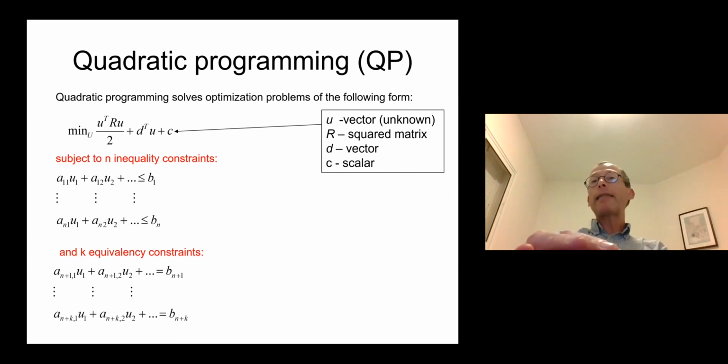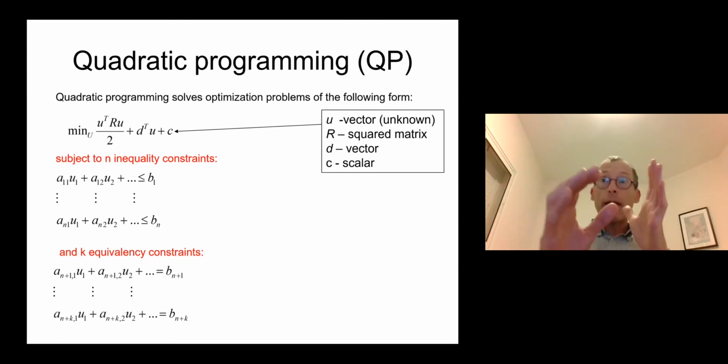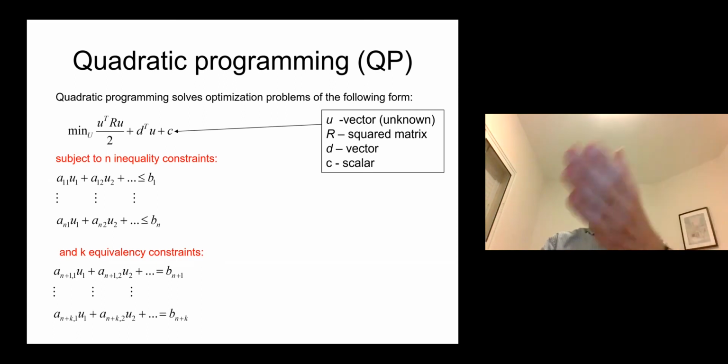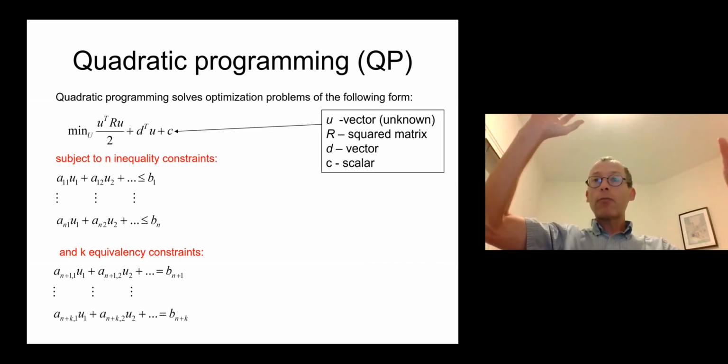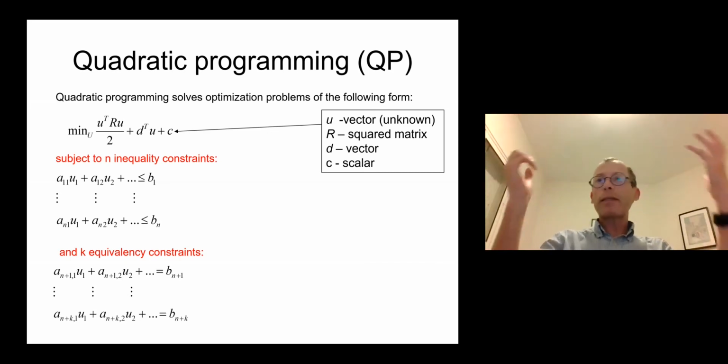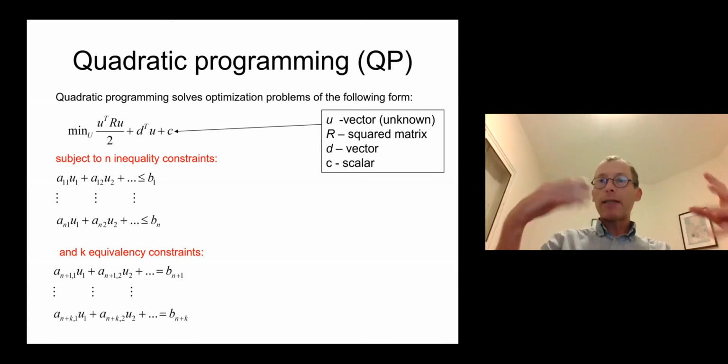So R is the identity matrix. It's still a matrix, but it has 1 on the diagonal and 0 everywhere else. So basically, in this case, we get WTW, which is what we are trying to minimize. Minimizing the square root of WTW is the same as minimizing WTW, right? There's not going to be a difference. So very good.